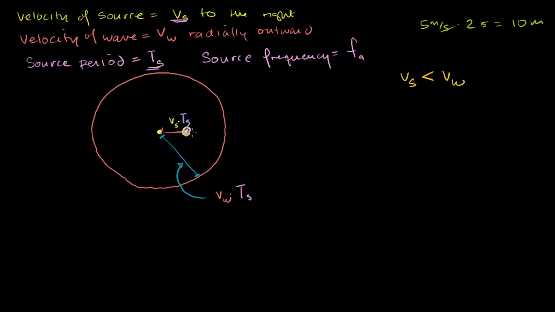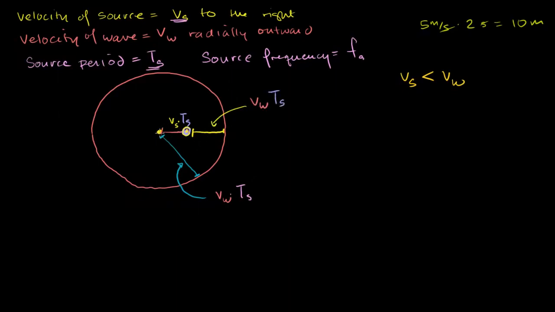So the difference in their distance, at least when you look at it this way, is the distance between the source here and this crest. So what is that distance right there? Well, this whole radial distance, we already said, is v sub w, the velocity of the wave, times the period of the wave from the perspective of the source.